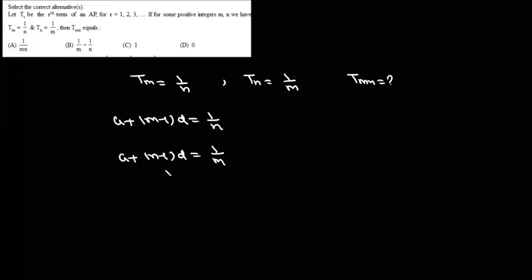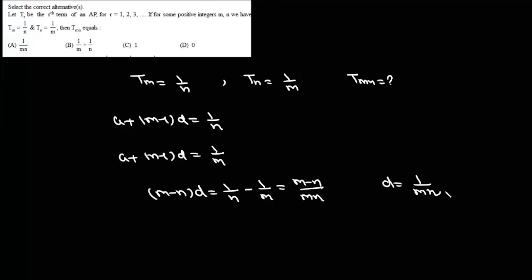Now we subtract second from first, we get (m minus n) into d will be equal to 1 by n minus 1 by m, which is (m minus n) upon mn. And since m and n are unequal, we'll get d as 1 by mn.